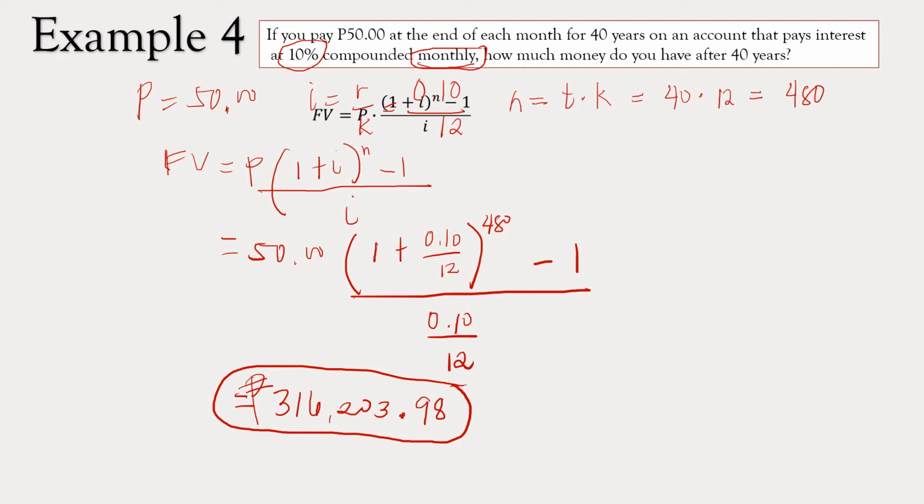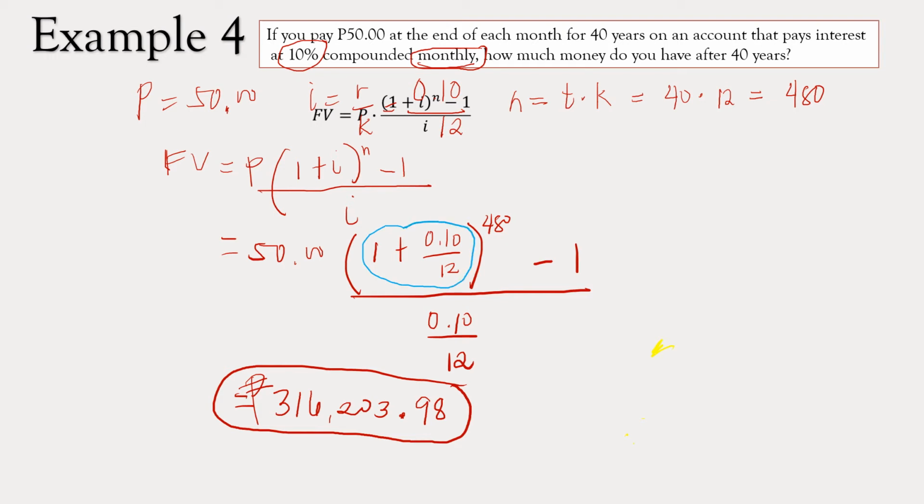So, again, uulitin natin. Ang first step ay i-add mo ito. 1 plus 0.12, 0.10 over 12.